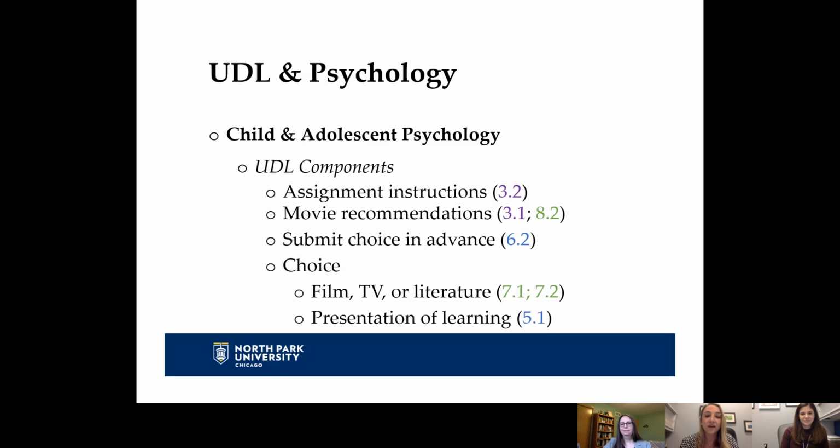And then choice is embedded throughout the assignment. I mentioned that they can pick a movie or a TV show or a book. So this really optimizes that relevance and value. It also gives students the autonomy, right, to make their own decision.